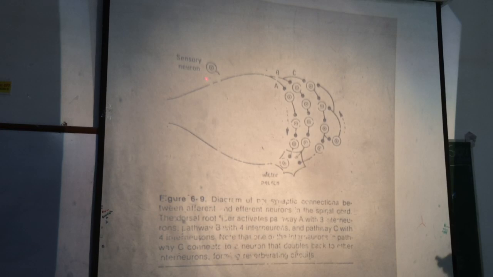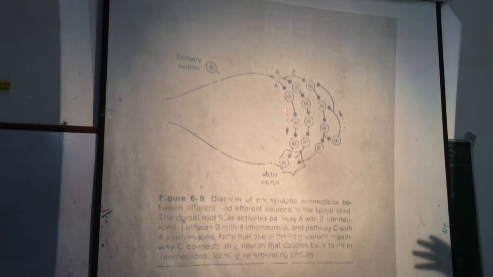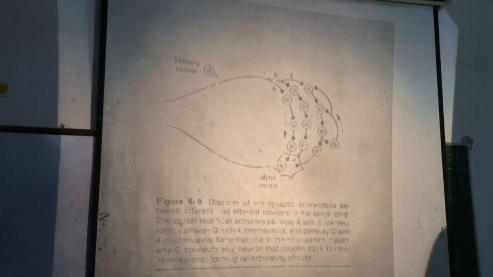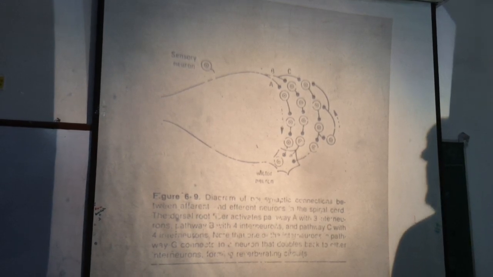So you stop stimulation, but because of the delay path or longer path, the nerve impulse will reach the motor neuron after some time, and this is called after discharge. So one of the mechanisms is the long path or delay path.